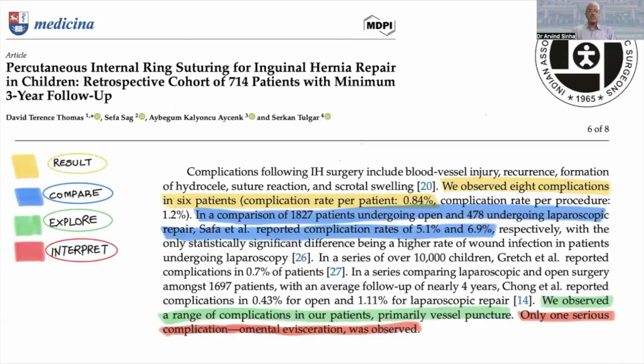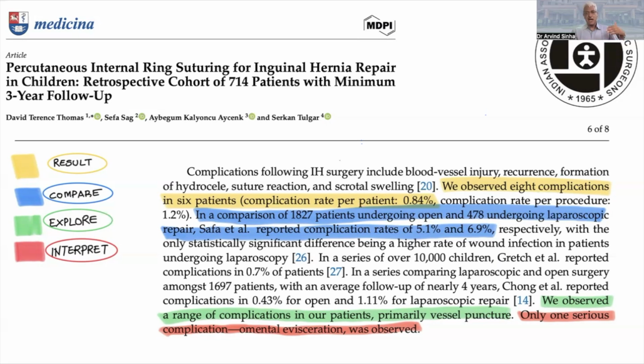Let's look at the example of percutaneous inguinal internal ring suturing for inguinal hernia. The line marked in the paragraph where they have developed a key point says, we observed 8 complications in 6 patients. Complication rate per patient was 0.84%. So that's the description of the result itself.